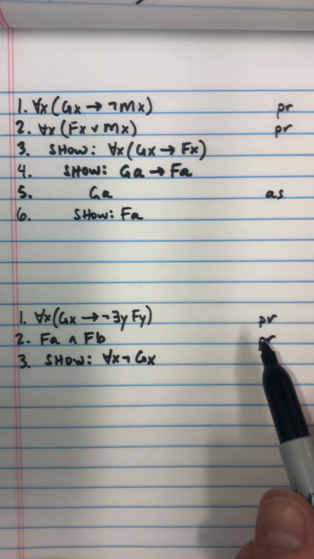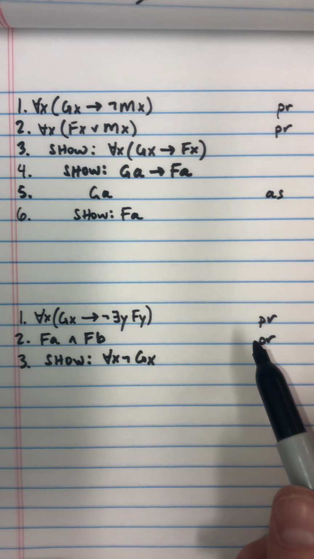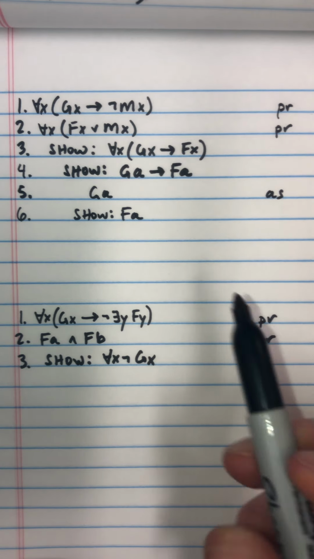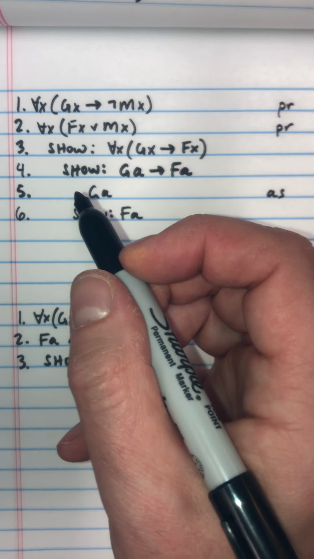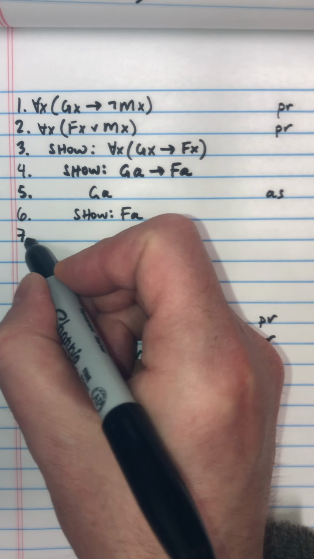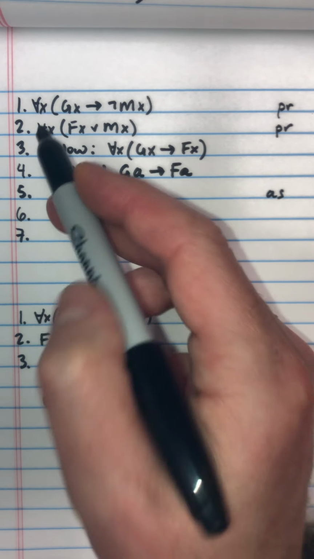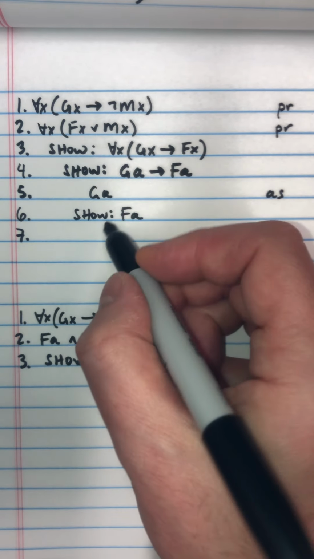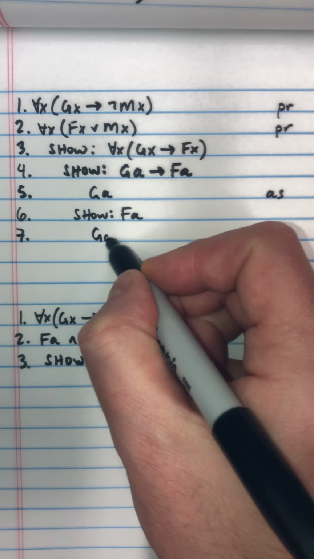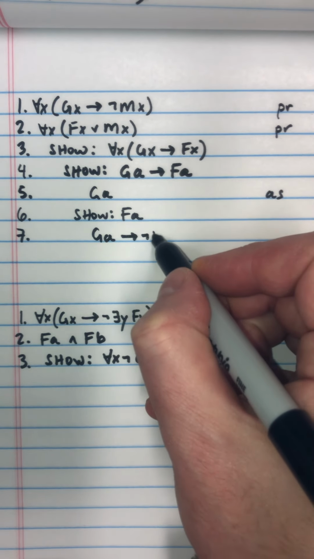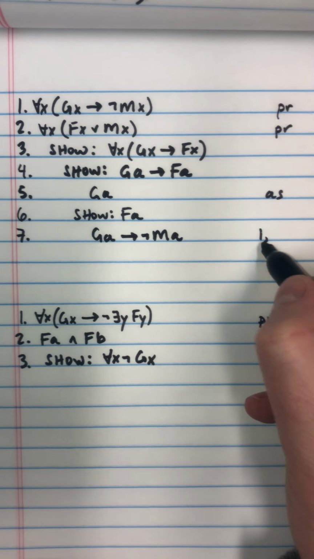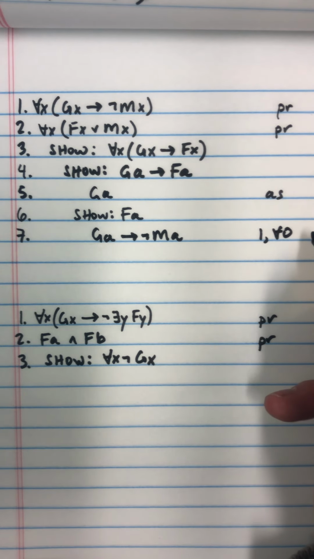Okay, so how are we going to show FA here? Well, first we're going to get rid of the quantifiers in lines 1 and 2, and then finish our proof. So in line 1, I'm going to get rid of the universal quantifier and replace the x with an a. So I'm going to get if GA, then not MA, that comes from line 1 by universal out.